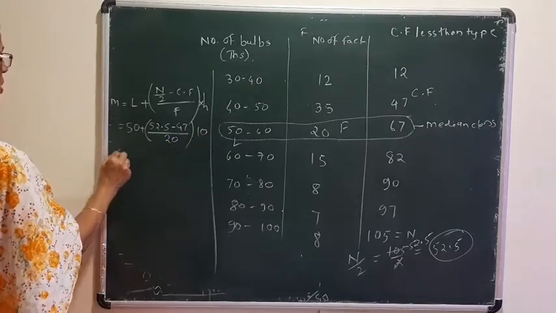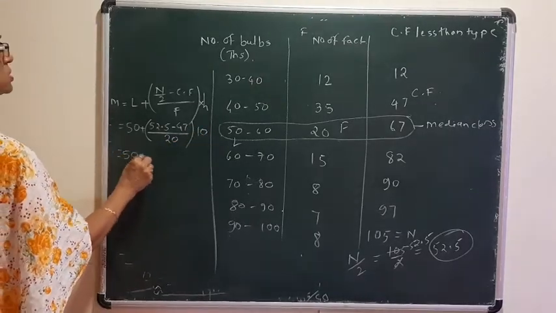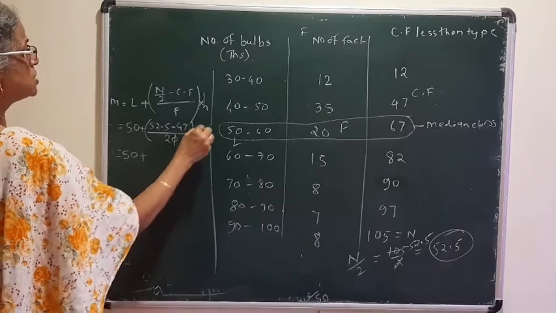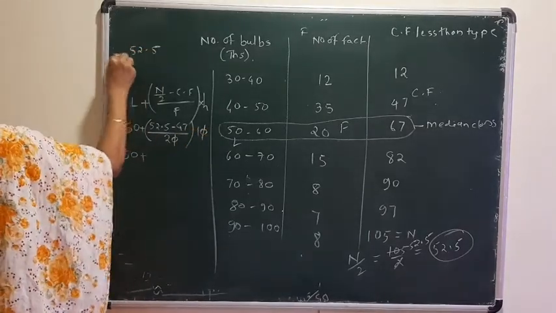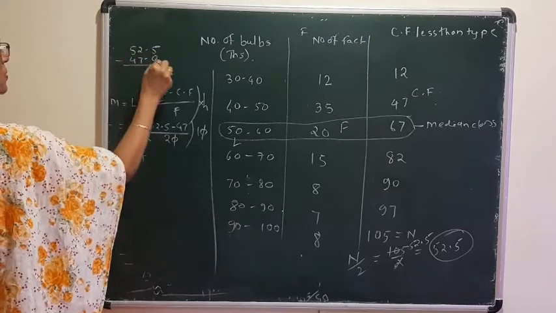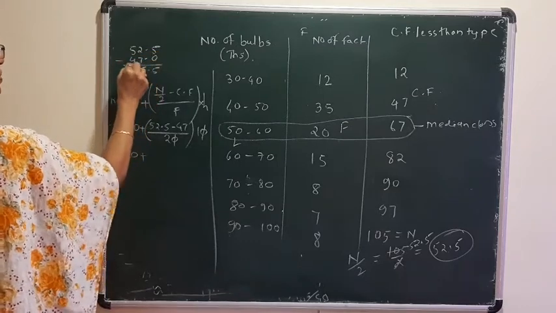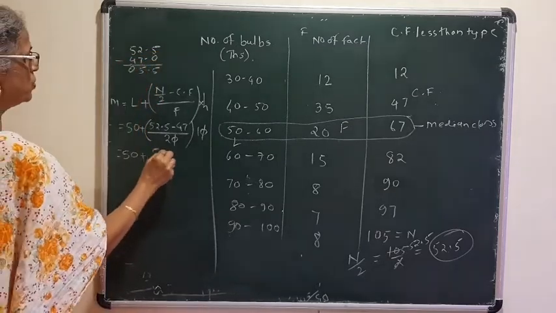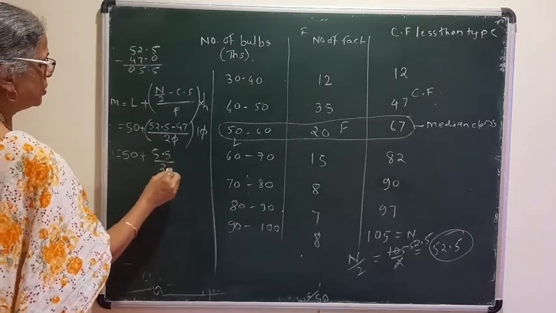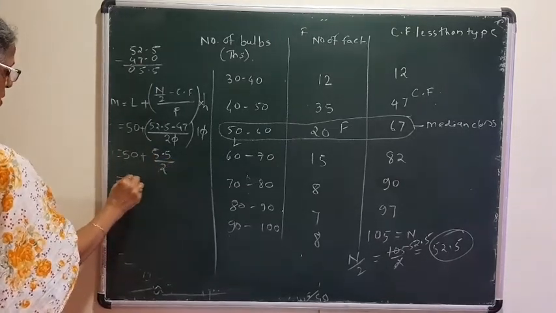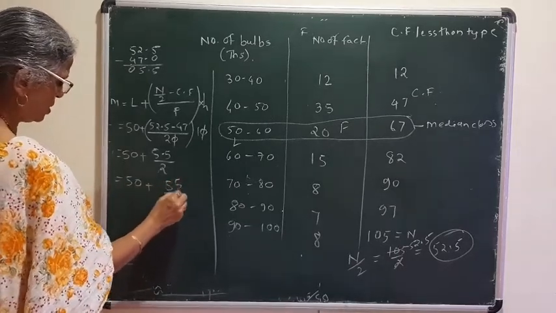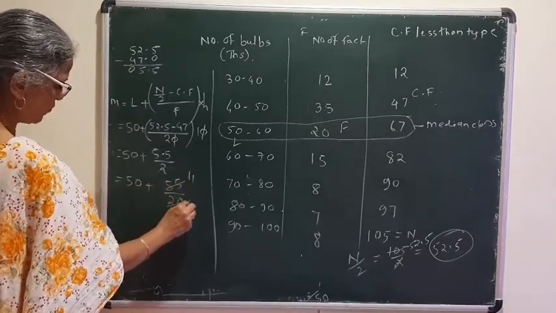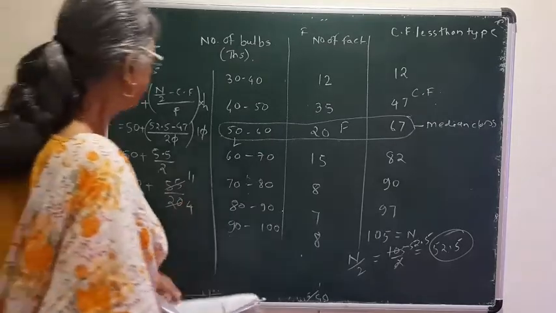Followed? So that is equal to 50 plus this I will cancel. 52.5 minus 47 will be 5.5 upon 2. So that is 50 plus 55 upon 20. 5 4s are 20, 5 11s are 55.